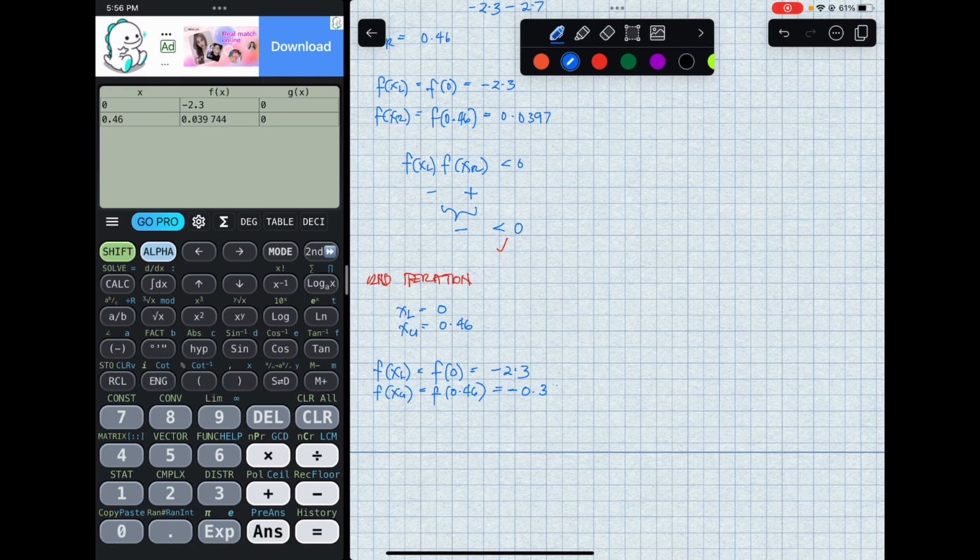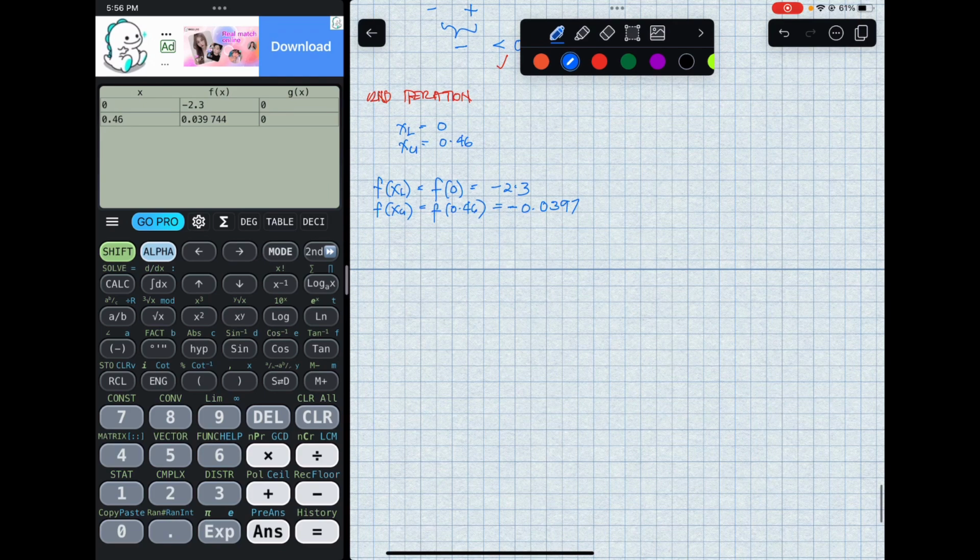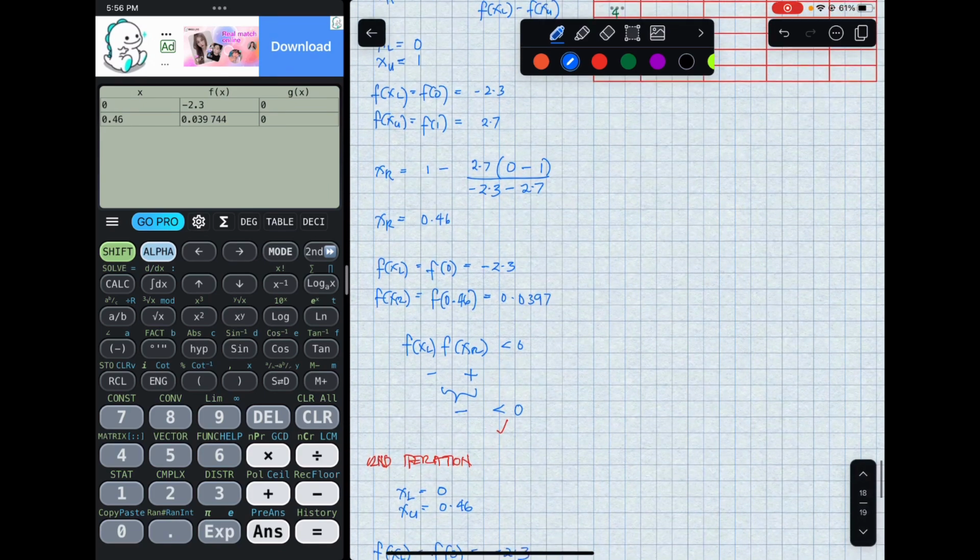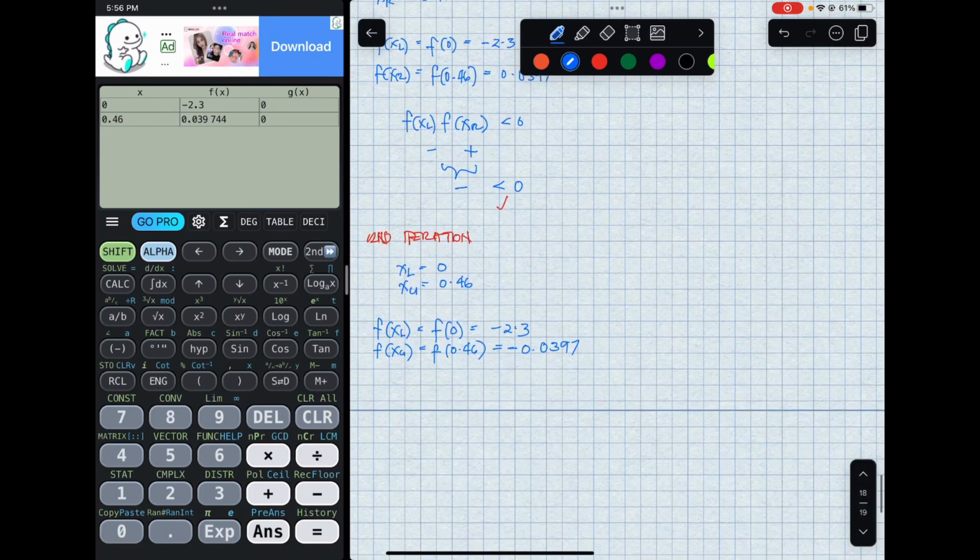Or sorry, it should be positive. So it's positive 0.0397.